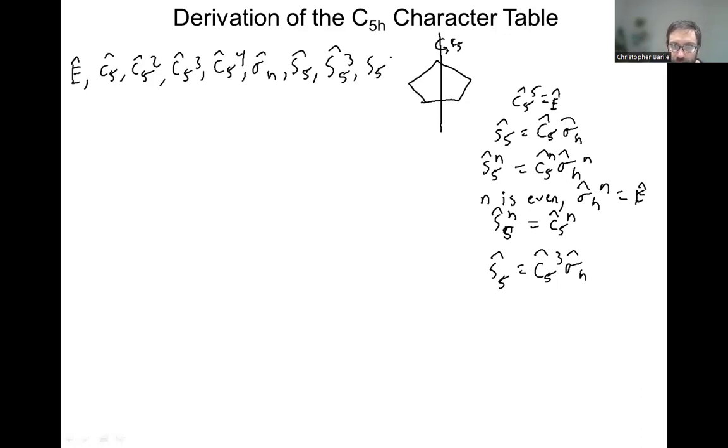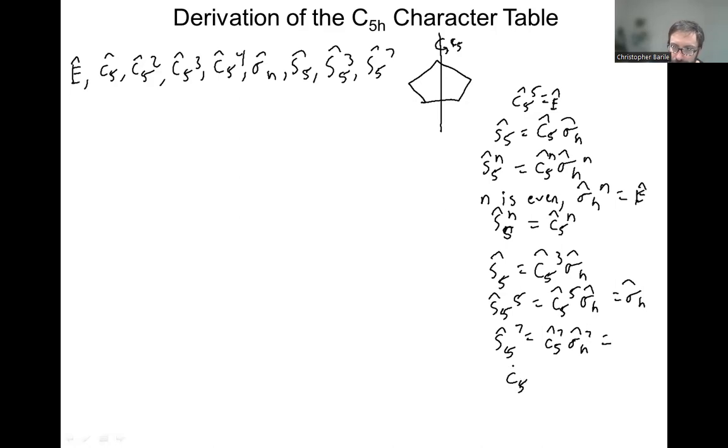And so similarly, can we have an S5 5 times? No, we can't, right? Because an S5 5 times is equal to a C5 5 times, which is equal to identity, so then all we have is sigma h. So that's not unique. But we can have an S5 7 times. That's going to be equal to C5 7 times, sigma h 7 times.